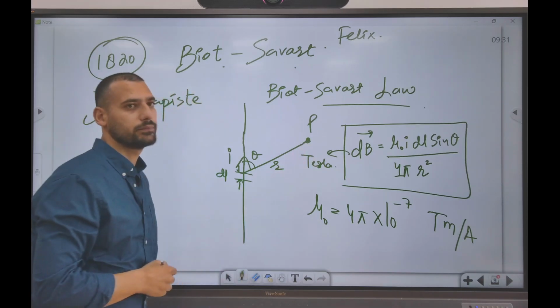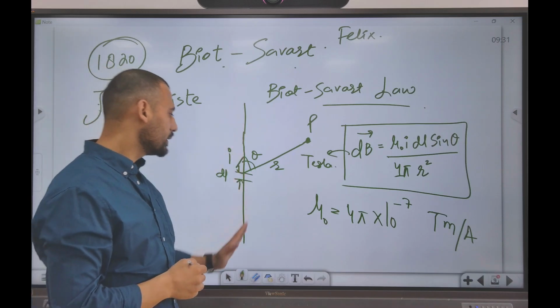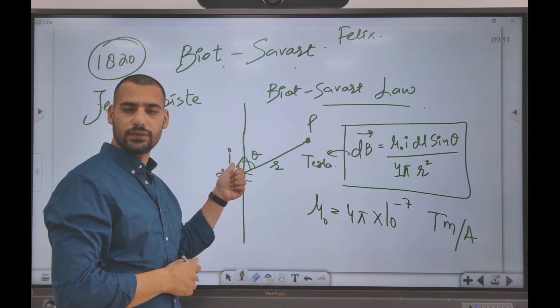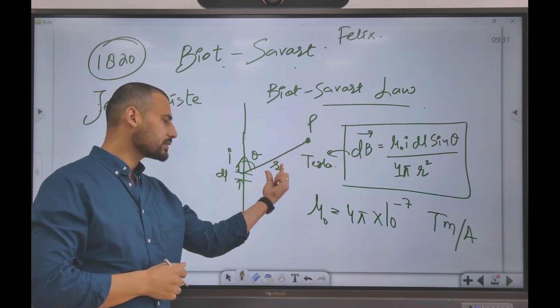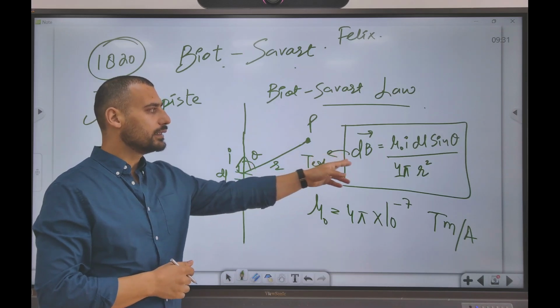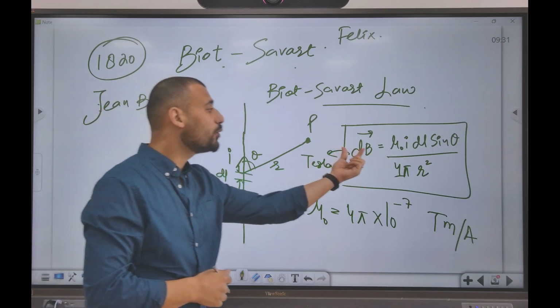So the current carrying conductor, the current that is flowing is I. The distance that I have taken for the small element is r. It is at an angle of theta. Then dB is calculated by this. But this is a small magnetic field.